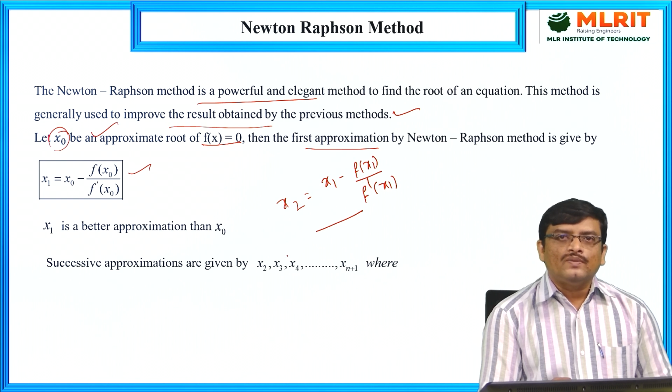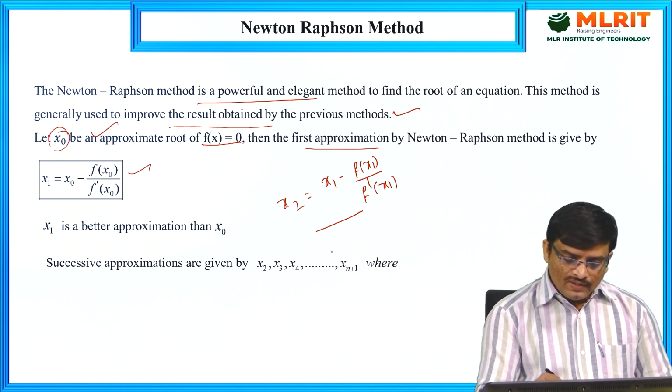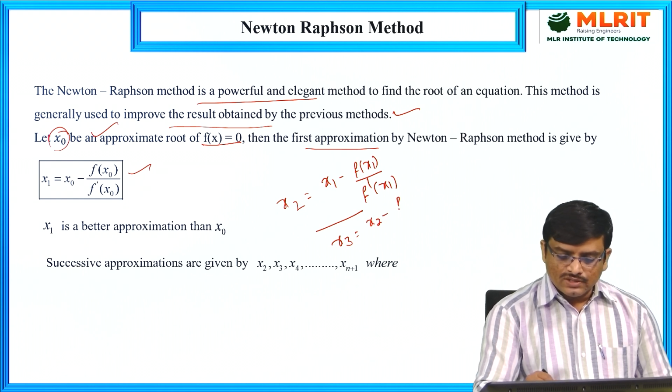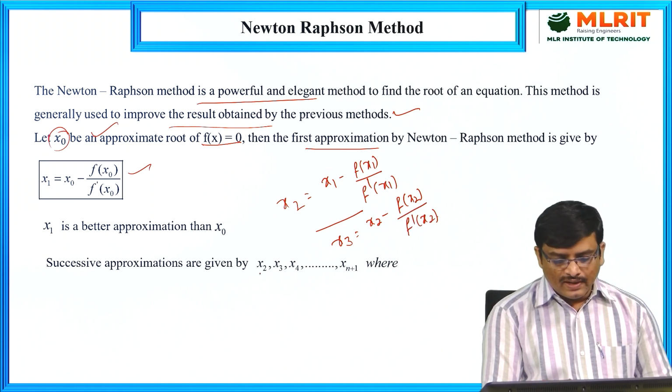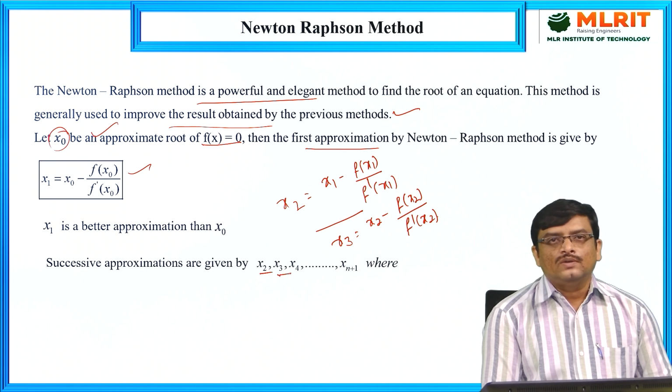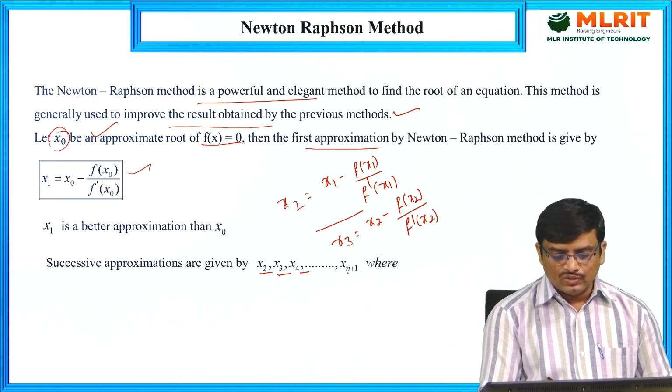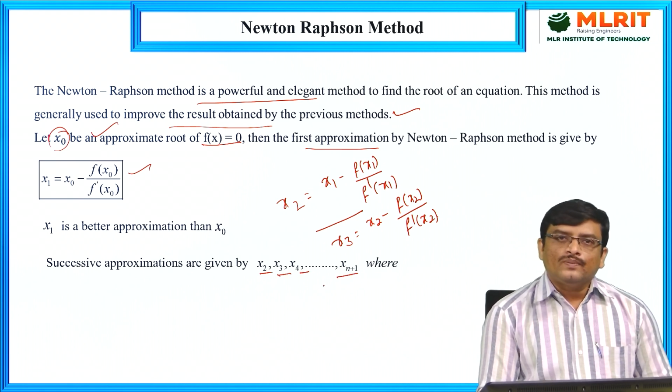Similarly, for the third approximation, replace x1 with x2: x2 minus f of x2 by f dash of x2. Like this, we can find the second, third, fourth approximation, and so on, up to the n plus 1th approximation.